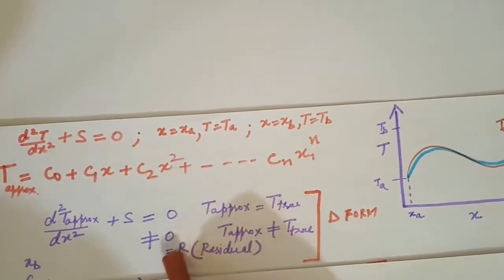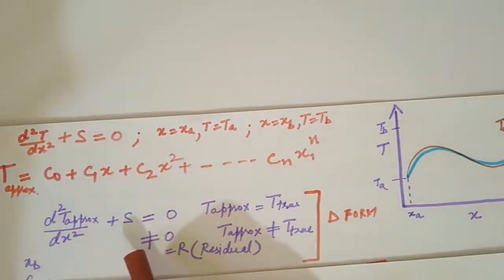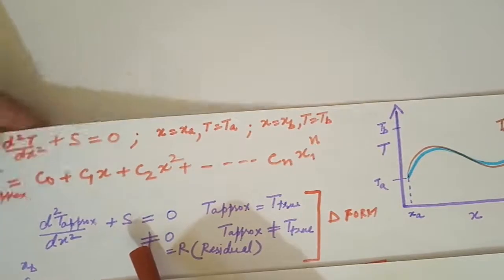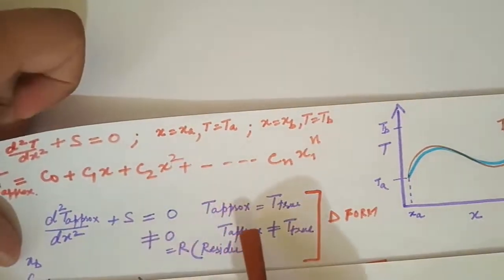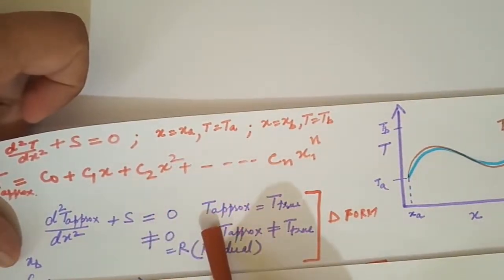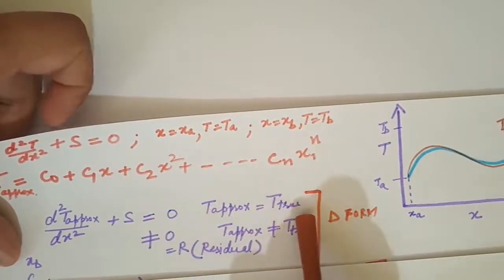Otherwise, this will not be equal to 0, and it will result in some kind of residue. So D form of the solution will fetch you answers only if the approximating function happens to be the true function itself.